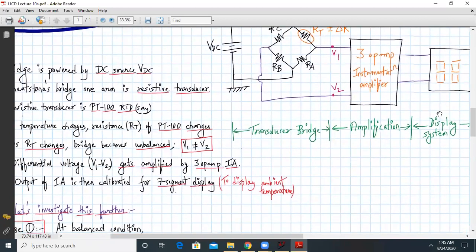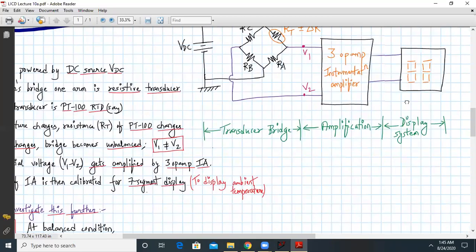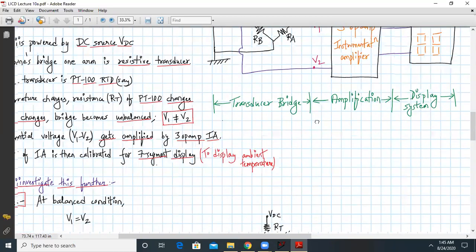Okay. So why do we connect an instrumentation amplifier? Because the output signal produced by the bridge is a low level weak signal that has to be given some boosting in the strength. So that's why we have an instrumentation amplifier, and the output of the instrumentation amplifier is then calibrated for the 7 segment to display the ambient temperature.